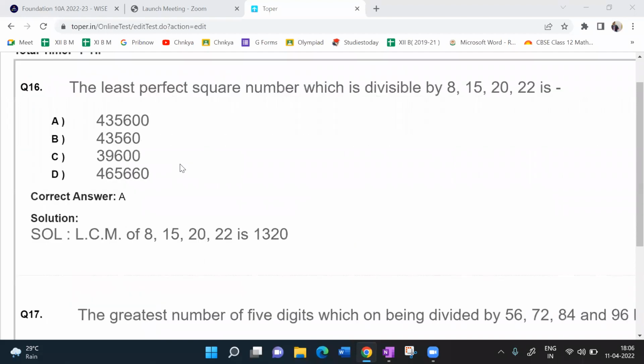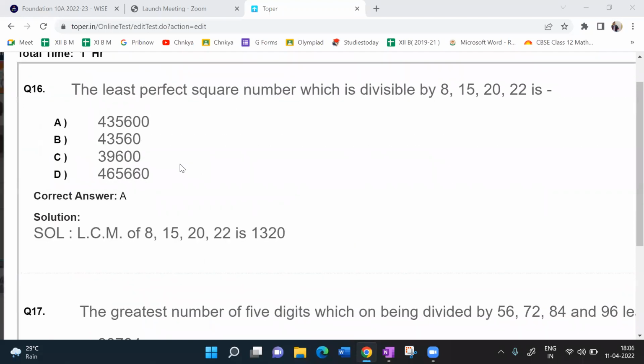So the least perfect square which is divisible by 8, 15, 20, 22 is what? For this question, I first found the LCM of these numbers and then squared it. Yes, least perfect square.